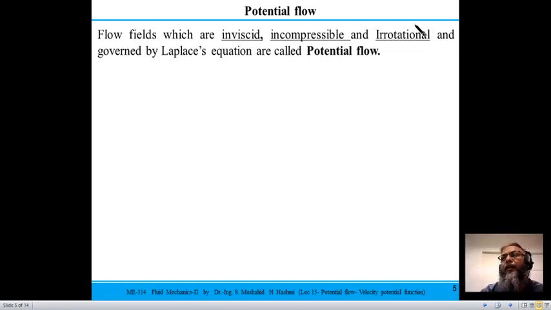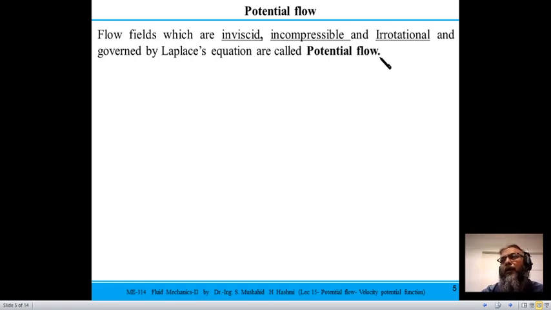So obviously, if the condition of irrotationality exists, we can relate the velocity field to a scalar function, which we call the velocity potential function, and that would be governed by the Laplace's equation, and such a flow field is called potential flow.